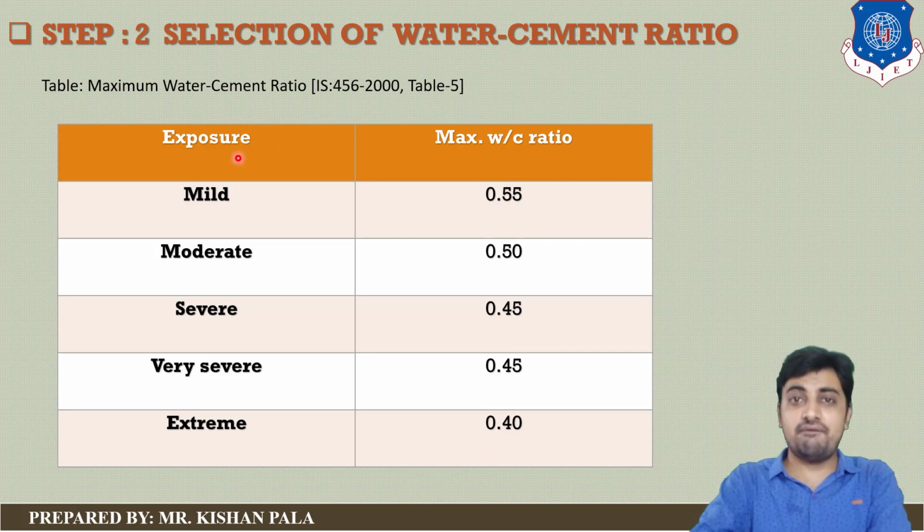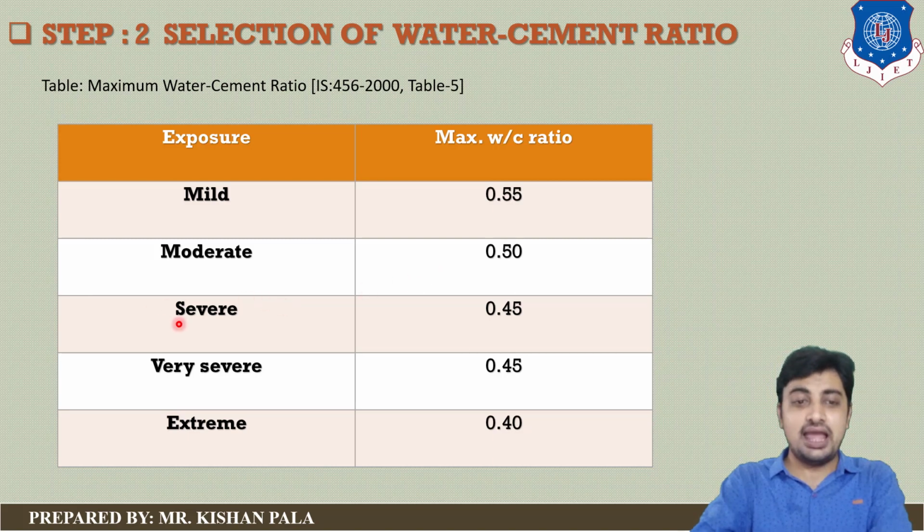Here you can see in the first column there are different types of exposure condition for concrete mass, and in the second column the maximum water cement ratio has been given in your table. For the mild exposure surface condition for the concrete mass, you can take up to 0.55 water cement ratio. It means in the mild exposure condition, you can take 55% for the water cement ratio. In the moderate condition, this value will decrease and you can take up to 0.5.